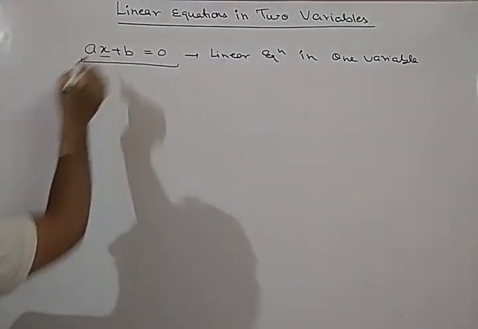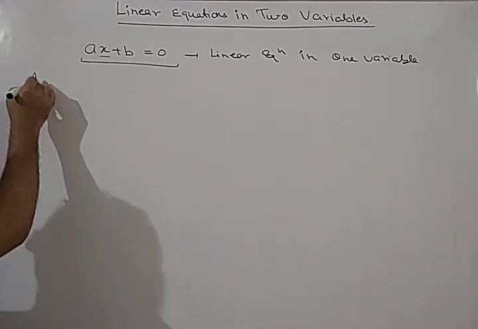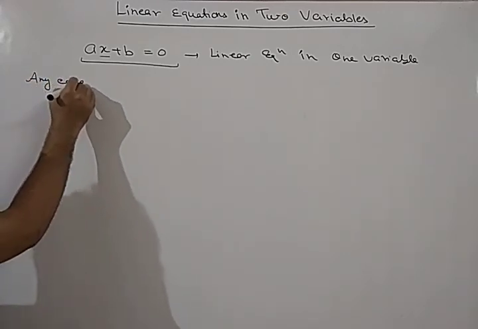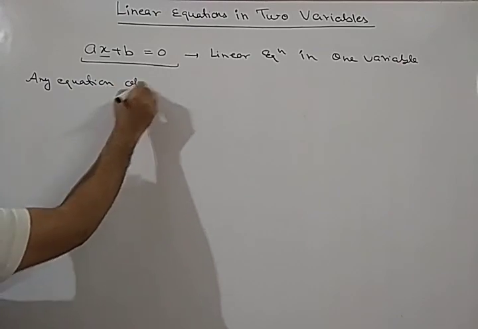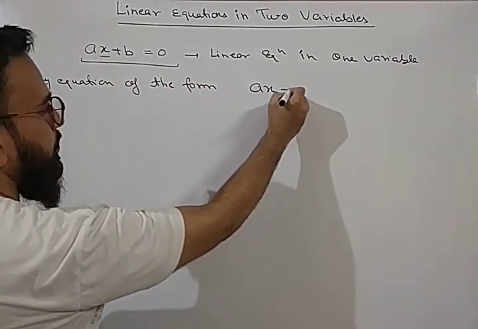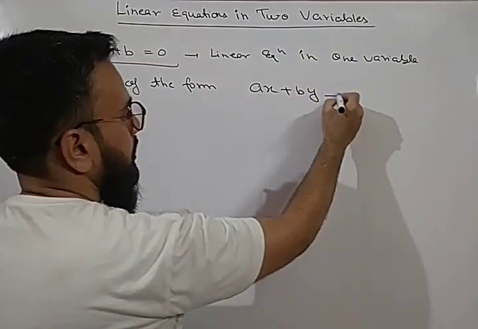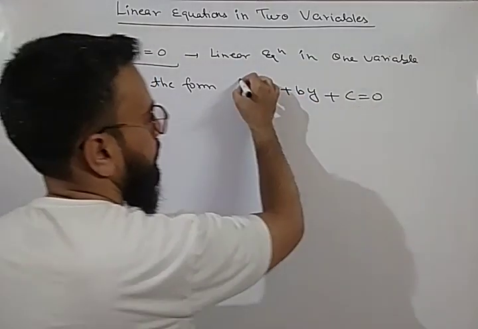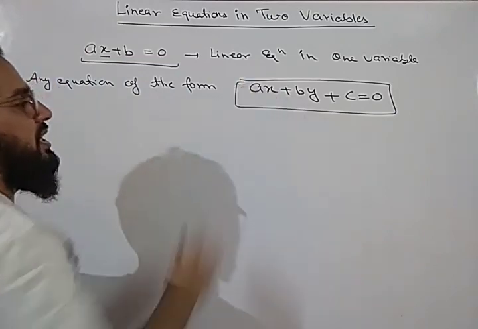One variable is x. So any equation of the form ax plus by plus c is equal to 0. This is the form of an equation.